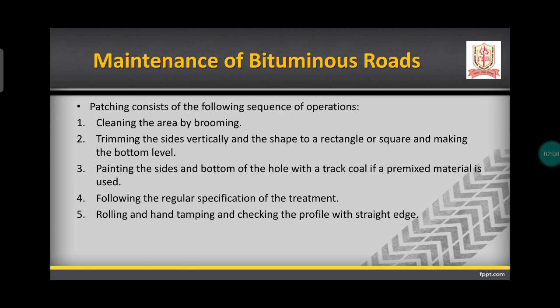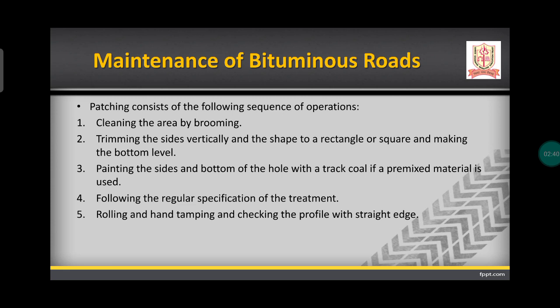Then paint the sides and bottom of the hole with a tack coat if premix material is used. Premix material means material that has already been mixed. If we are using that material, then we have to paint the surface with a tack coat. Follow the specification for the treatment, rolling and hand tamping, and check the profile with a straight edge.